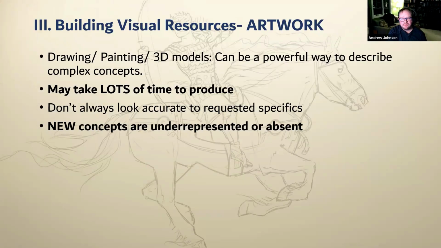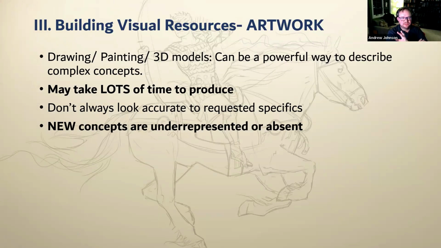Now, artwork is my bread and butter, and I have a special place in my heart for it, obviously, but there's a good reason for that, right? Drawing, painting, and 3D models, these are a powerful way, maybe one of the most powerful ways to describe complex concepts.